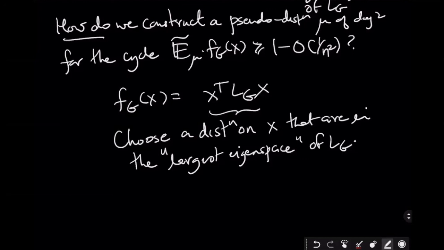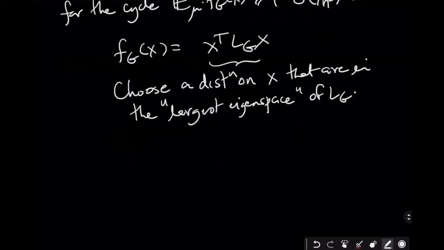But now, I want to go back and look at the freedom I have in constructing only a pseudo distribution, not a distribution. So let's recall, what's a degree 2 pseudo distribution? If I have to describe to you a degree 2 pseudo distribution, all I have to give you is this guy.